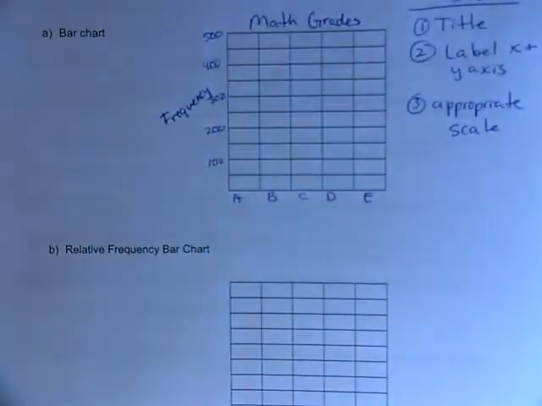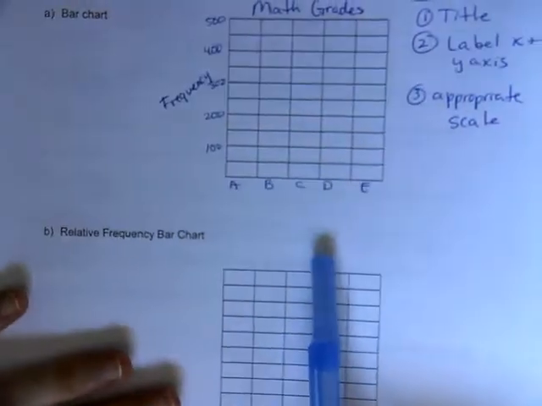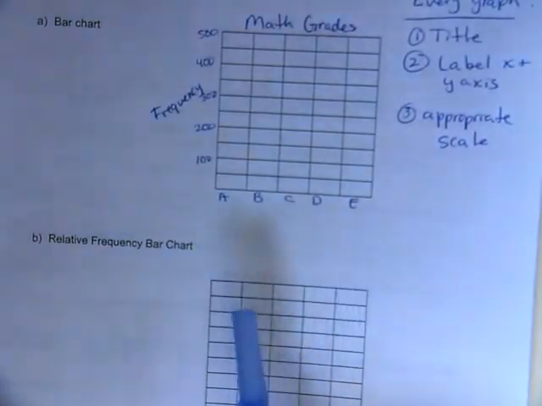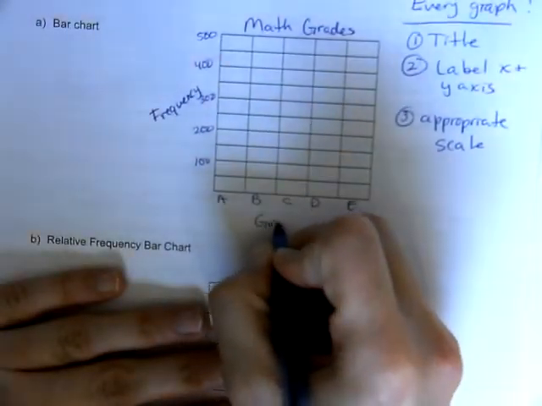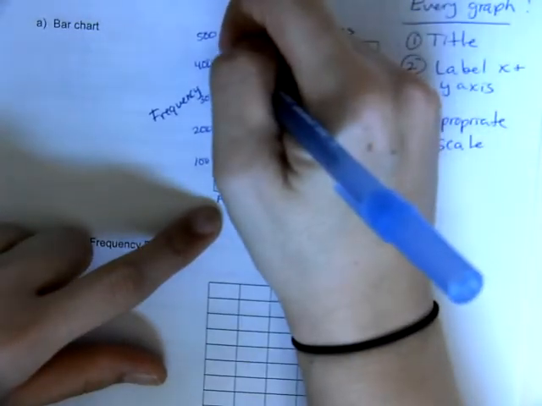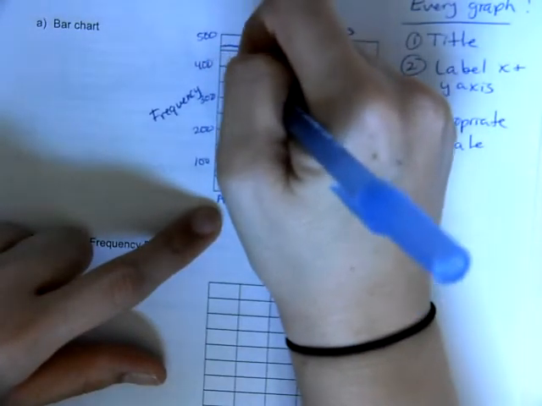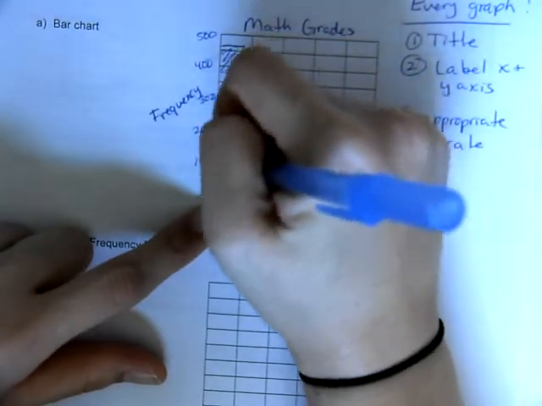Now, in a bar chart, we're going to need some space in between the bars because technically these are categories. So I could flip them in any order. Now, I'm obviously going in numerical, but I could go backwards. This is going to be grade. So I'm just going to make my A. I'm going to go all the way up almost to 500, and I'm just going to stop. I don't have a ruler. So that's my A.